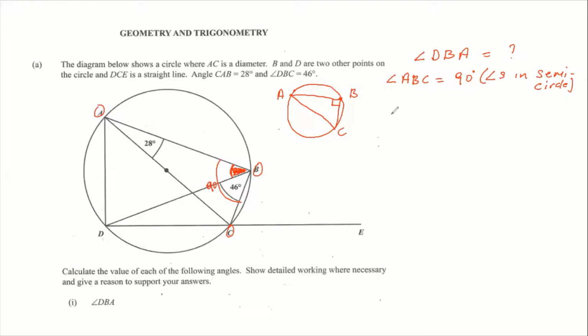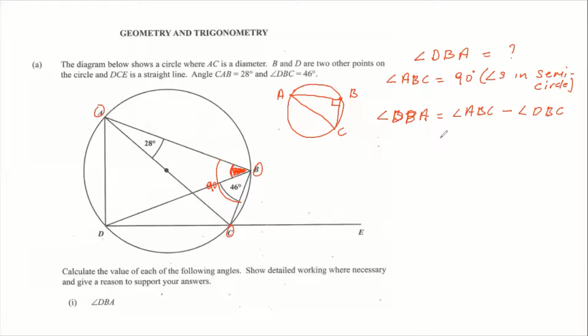So we can see that angle DBA, which is the angle that they asked us to find, is going to equal this big angle, which is angle ABC, subtract this small angle here, which is angle DBC, right?